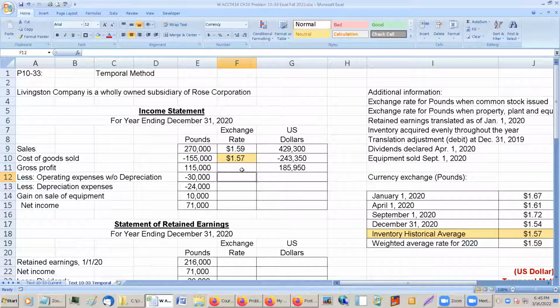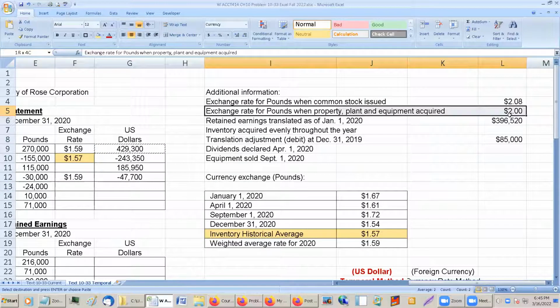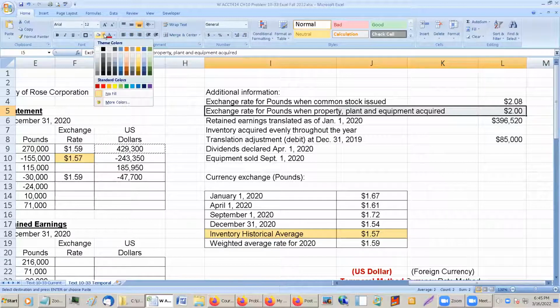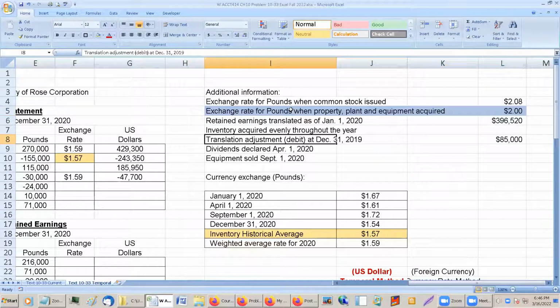Okay, operating expenses without depreciation will just be at the average cost. Depreciation expenses. Now this is where this comes into play. We're depreciating this property, plant, and equipment. When they bought this equipment, the translation rate was $2.